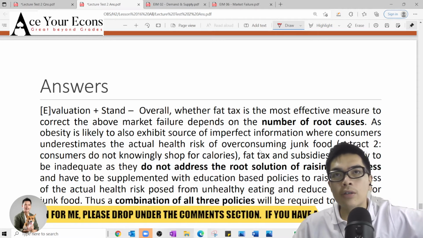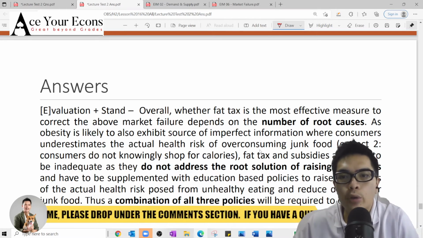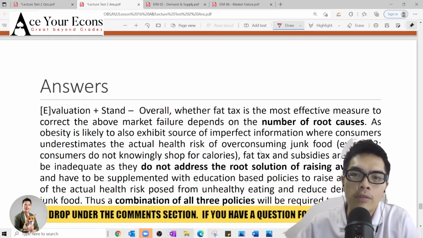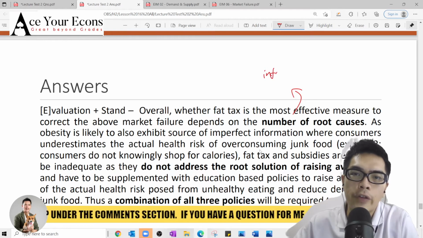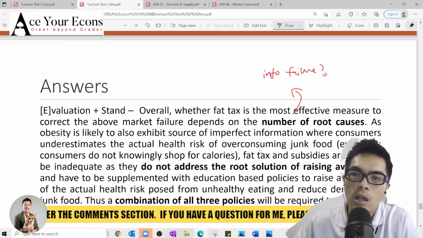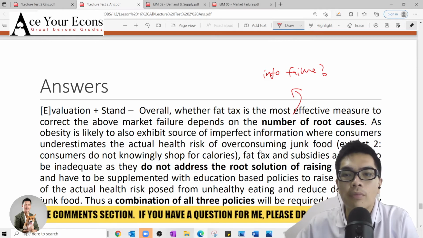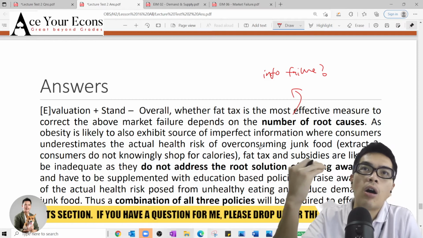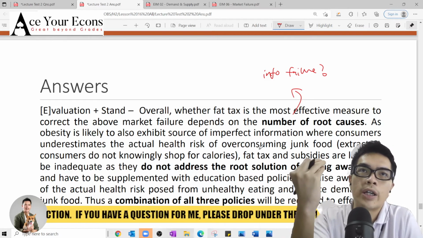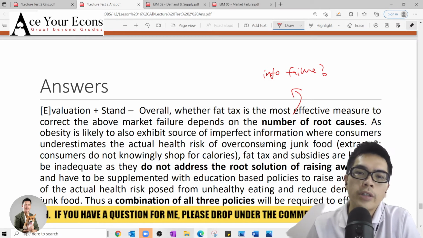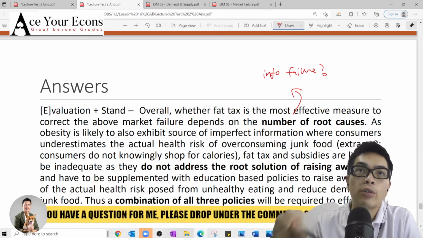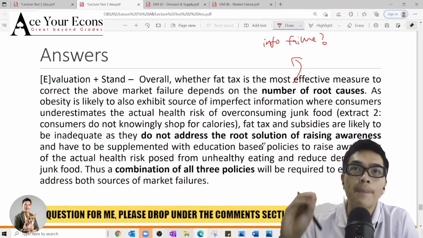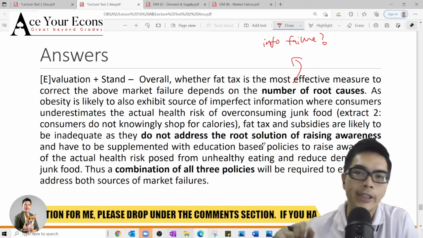For earlier students who under D1 brought up demerit good, this is where you shine. What happens if there is also the presence of info failure or imperfect information? If there is imperfect information, then a fat tax or a subsidy of healthy food does not address the root problem. So this is where you want to bring in education as a synthesis, not as a body paragraph. As a body paragraph, you will lose marks for your TCs under tax.